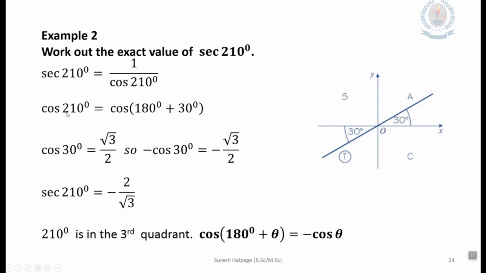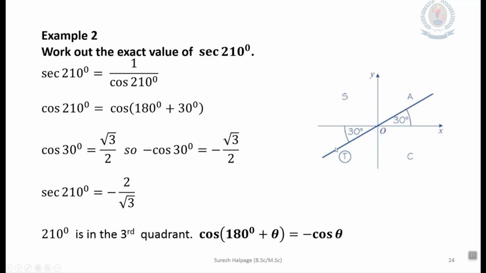For cos 210, mark the anti-clockwise positive angle 210 starting from the positive x-axis direction. That is 180 plus 30, so you can write cos 210 degrees as cos of 180 plus 30.